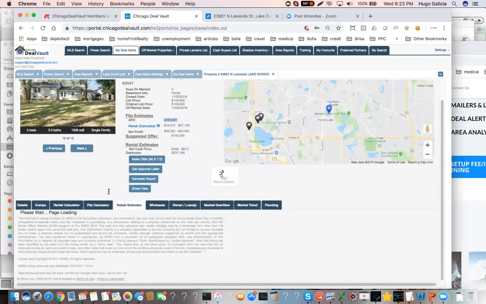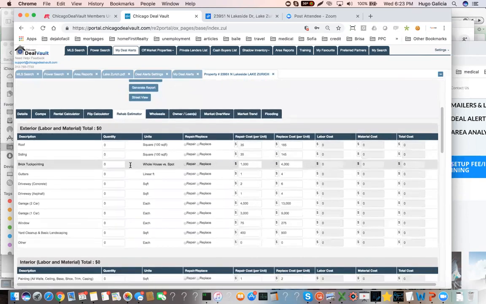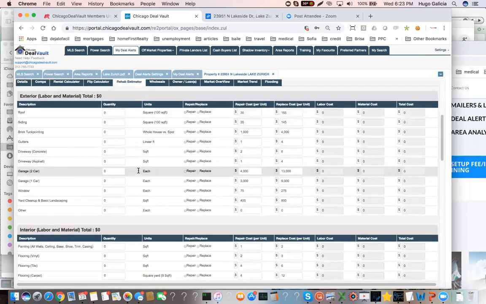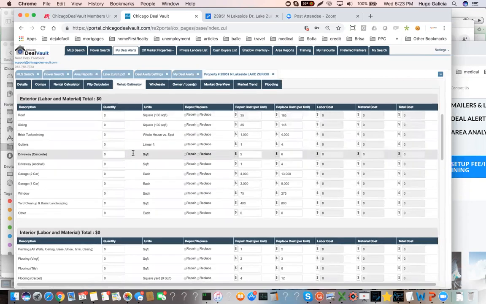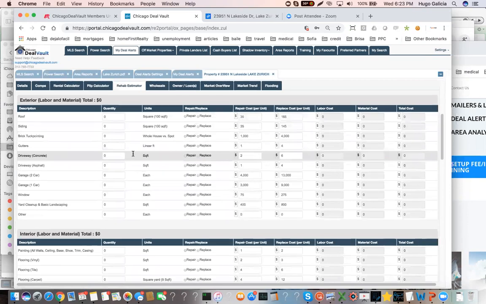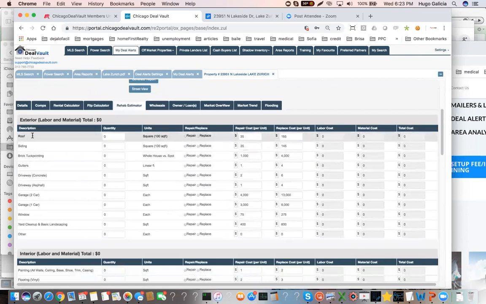So you're gonna go to the next tab, which is the rehab estimator, okay? And the reason why we do this, we do this in less than a minute, but we just wanna make sure that the number for the rehab is going to make sense, right? So right off the bat, we're gonna leave some bigger ticket items alone, like the roof, the siding, okay?